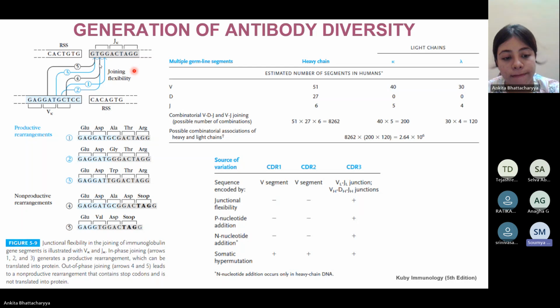The slides have not changed. Yeah, what can you see? Tell me. It is showing the generation of antibody diversity. I am explaining that slide only, and here the source of variation that you see: CDR1, CDR2, CDR3.